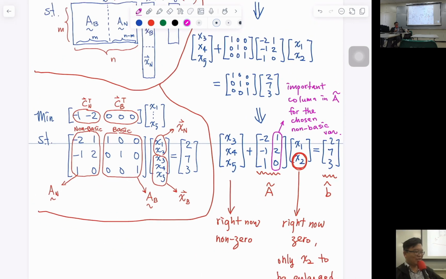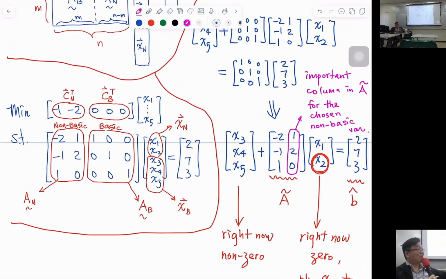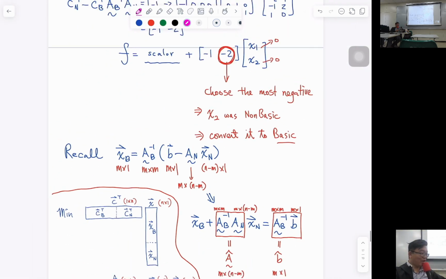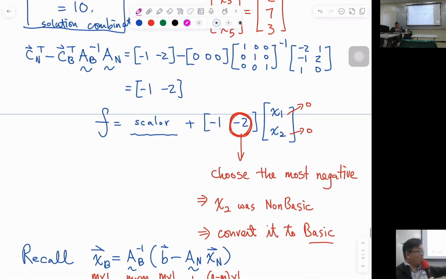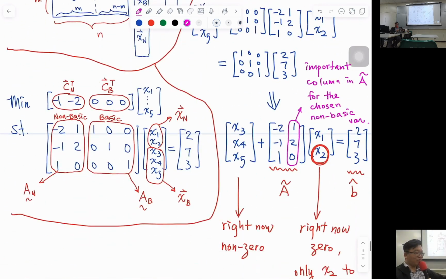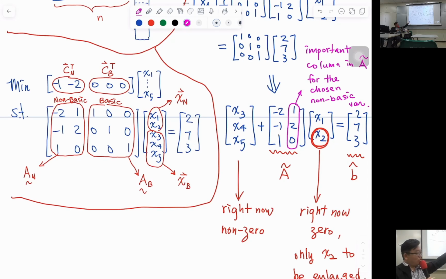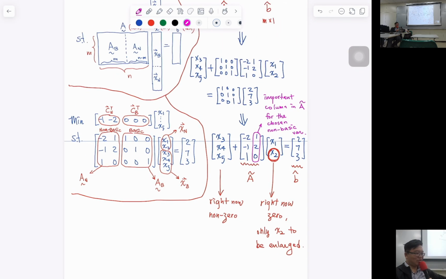So when we pick up the second coefficient, that is representing the second non-basic variable. So in the second step, when we have this equation, we are focusing on the second column of A hat. That's the one that matters.